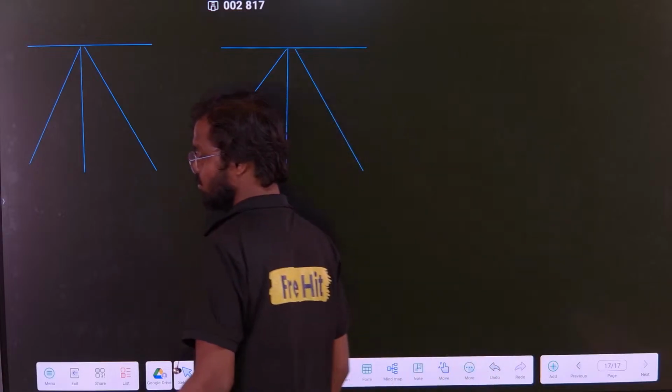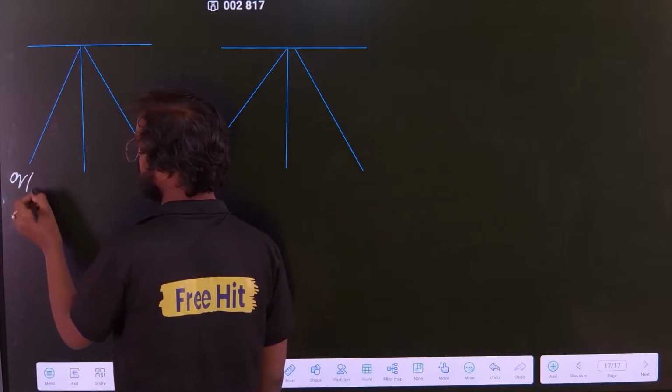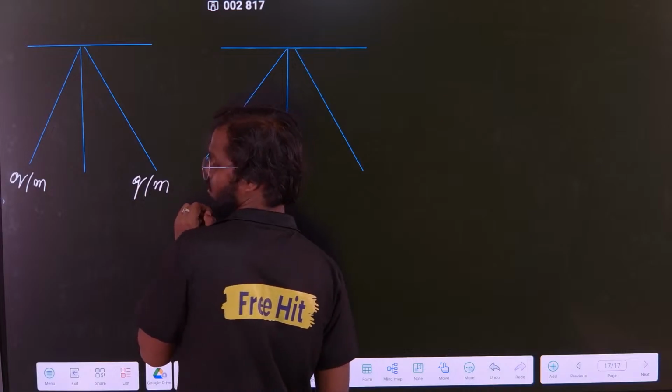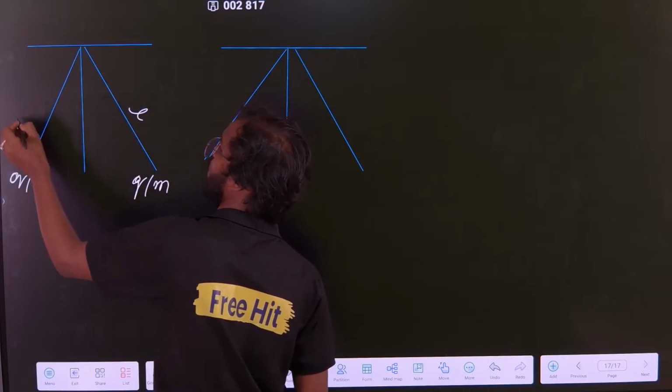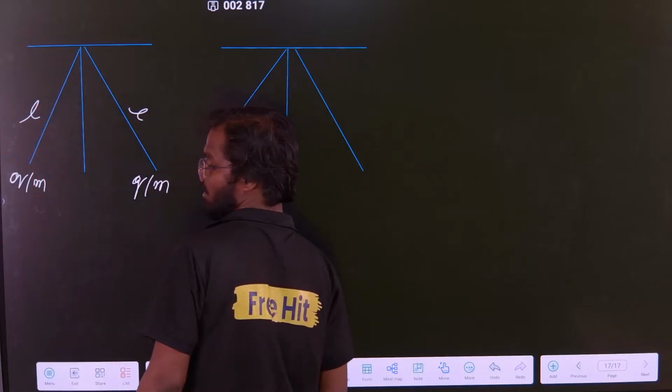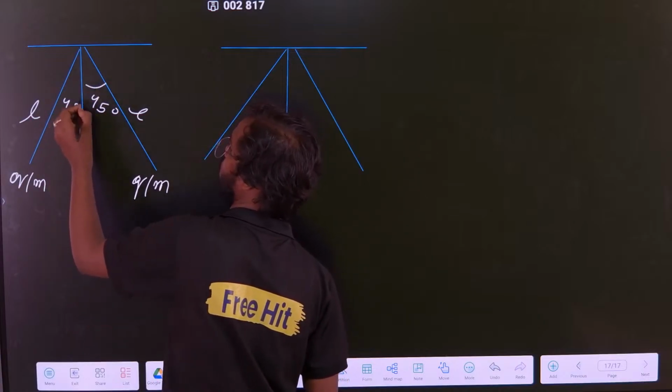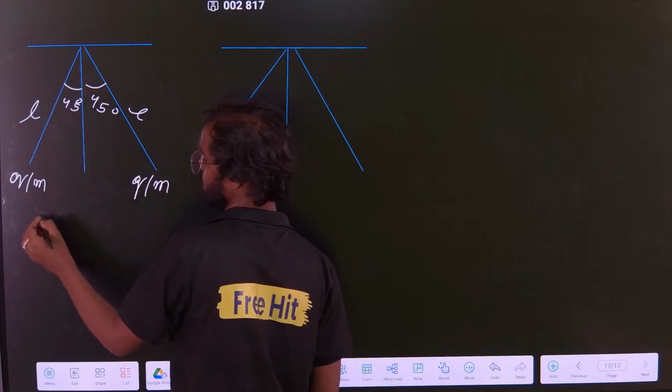Okay, so suppose initially this is charge q, mass m, this is also charge q, mass m, length you take L, and suppose this angle is 45 degree, this angle is also 45 degree, it is initially at equilibrium.